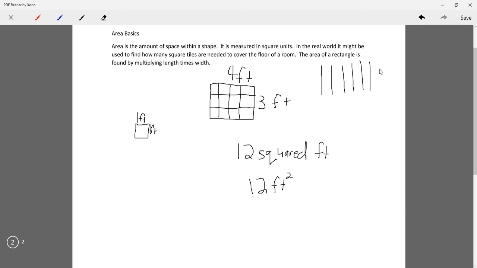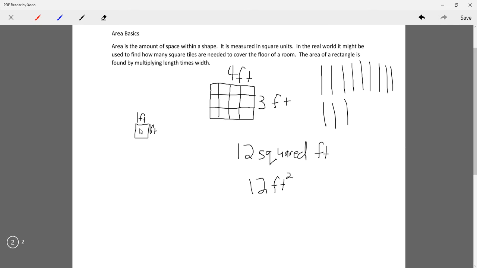So this is 12 feet of, let's just say, 12 rulers. The area of this is not equal to 12 rulers. It's equal to 12 of these, or 12 feet squared. So it's equal to 12 square feet.